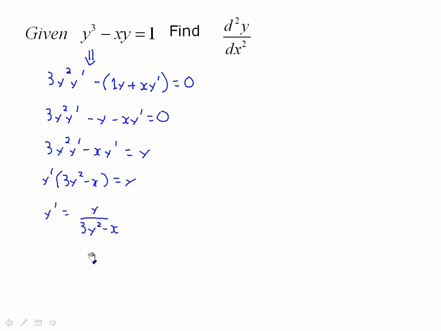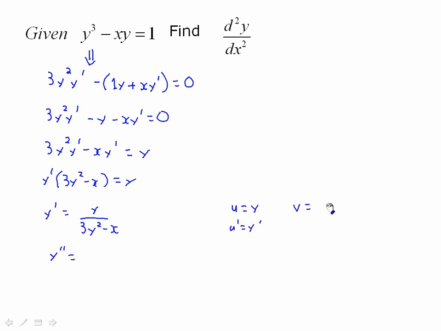Now that's fine, but now to get the second derivative, we're in a bit of a bind, because in order to differentiate this, we're going to have to use the quotient rule. Or I suppose you could use the product rule and the chain rule together if you wanted, but I'll stick with the quotient rule. It's set up nice. u is equal to y, so u prime is equal to y prime.